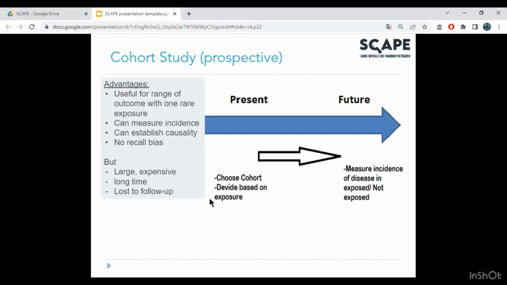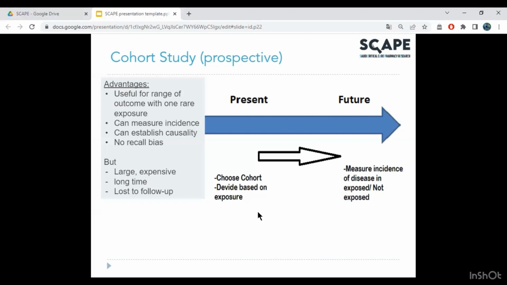Of course, a cohort study with all these advantages has some disadvantages because usually it will require a large sample size, and this will cost resources, so it is expensive, and take longer time for the follow-up, especially when you are studying, for example, oncology patients or cardiovascular patients.